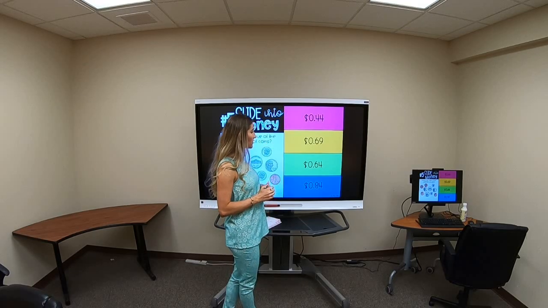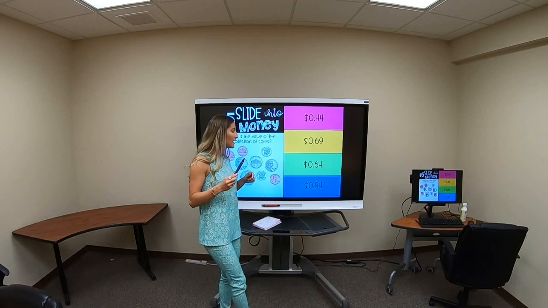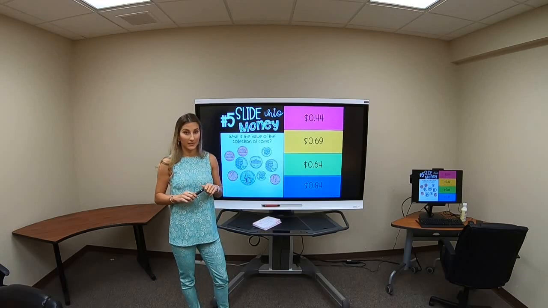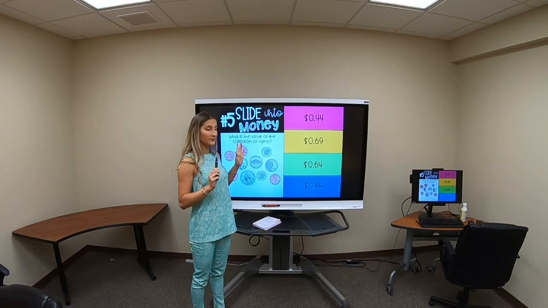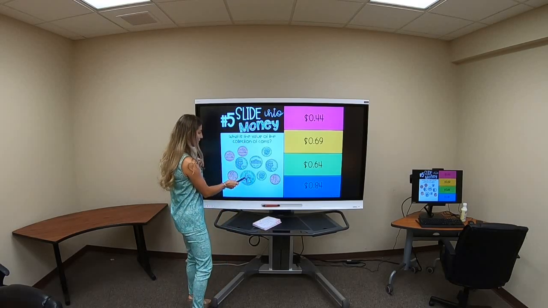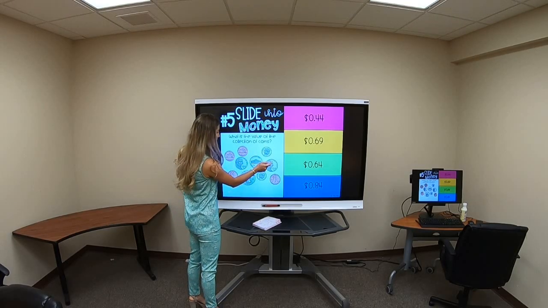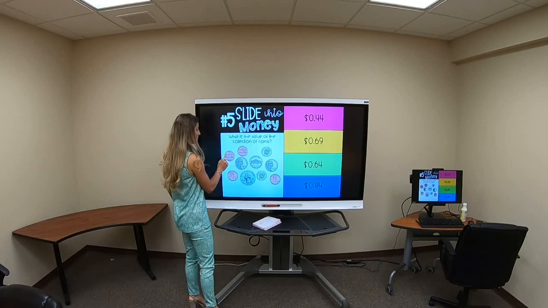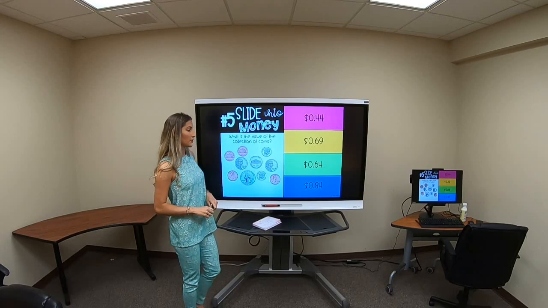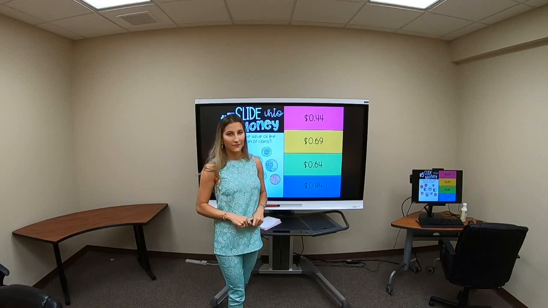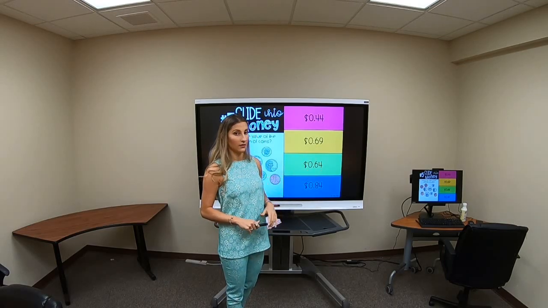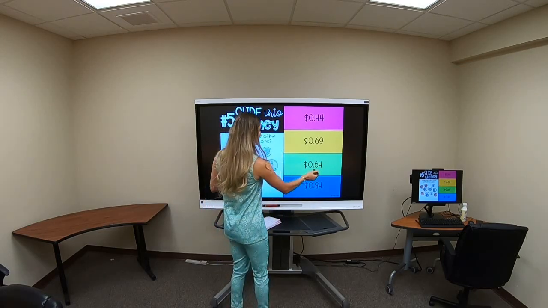It's either going to be 44 cents, 69 cents, 64 cents, or 84 cents. Let's go over it real quick. So 25, 35, 45, 55, 60, 61, 62, 63, 64. So if you got this green one over here and got 64 cents and wrote it correctly, exactly like that, then you got it right.